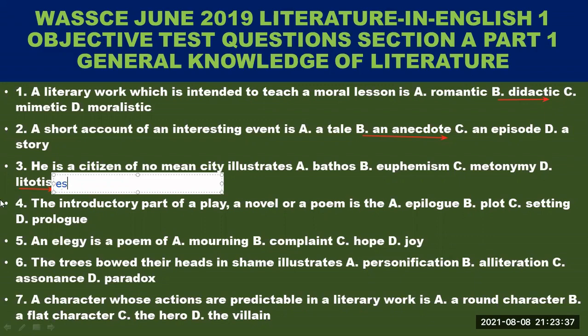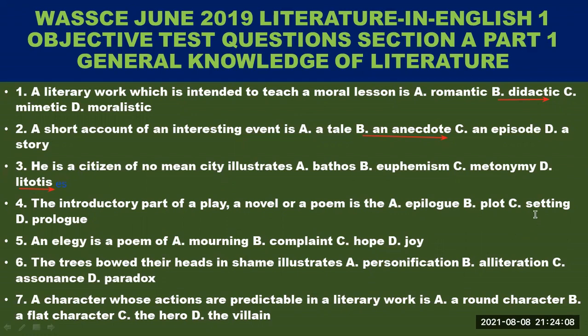So question number 4, the introductory part of a play, a novel, or a poem is the A, epilogue. No, epilogue is actually the last part, the concluding part of a book can be called epilogue. Now, a plot is the arrangement of events in a story or a play.